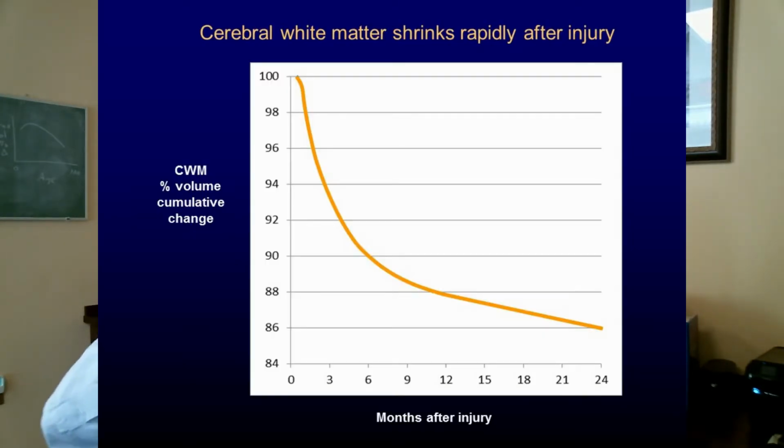What you do next is, if your first MRI was obtained less than a year after the injury, get your second one about 2 months later. The reason for that is that brain volume is shrinking at a very rapid rate during the first 2 or 3 or 4 months. And during months 6 through 12 after the injury, it starts plateauing. It's not shrinking as fast. And you want to catch it on the steep part of the curve.